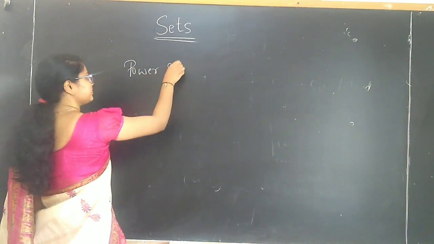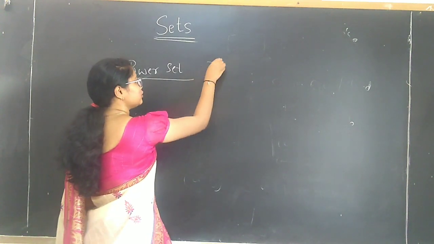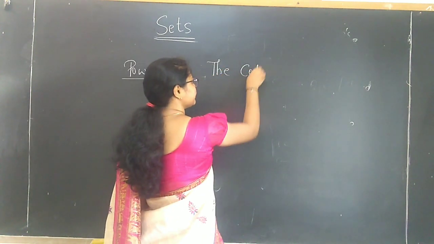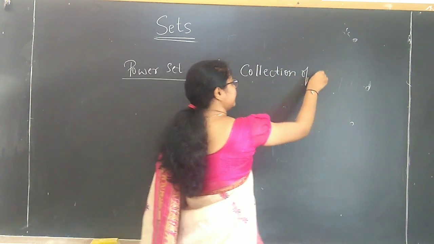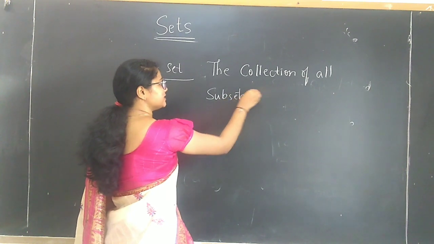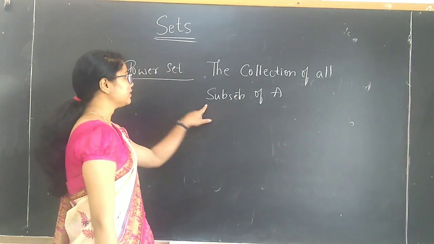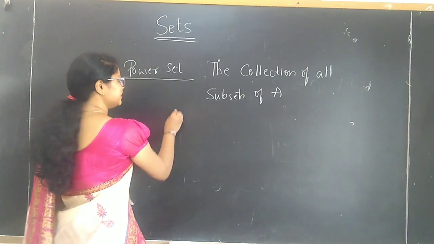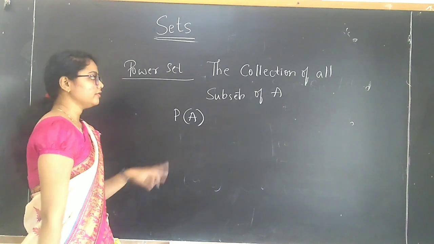Power set. What does the power set definition say? The collection of all the subsets. Collection of all subsets. If you are taking a set A, then it is called the power set of A. It is denoted by the symbol P(A).